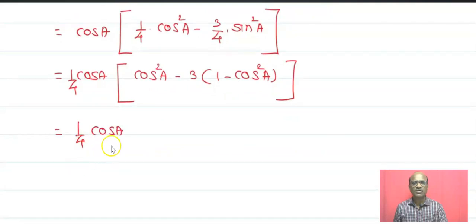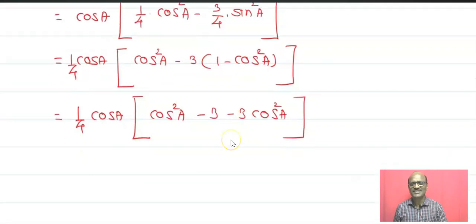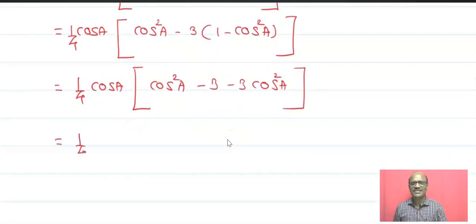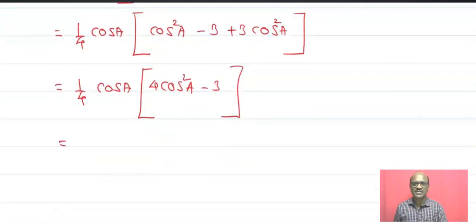Now 1 by 4 cos of A in bracket cos square A minus 3 plus, this minus minus will become plus here. It is 4 cos square A minus 3.